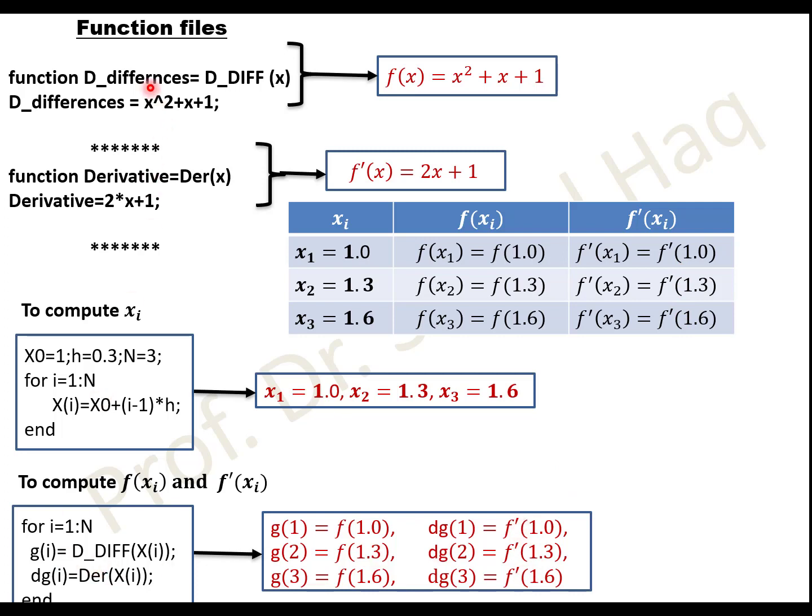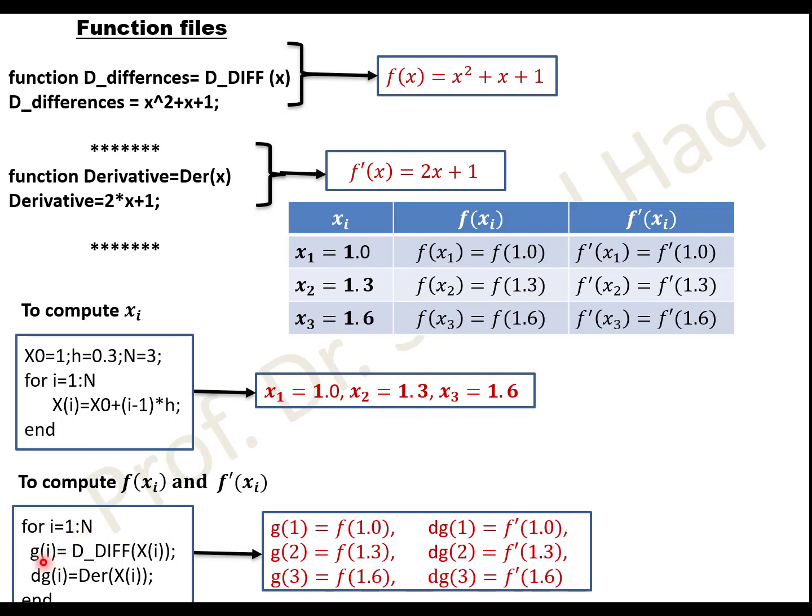I told you we defined the function file. This is a diff. This is function. When i is equal to 1, you are sending x1 to this function file. So replace x by x1. In your case, this is 1. So it will generate f of 1 for you and will store that in small g of 1. This is the value it will generate for you.